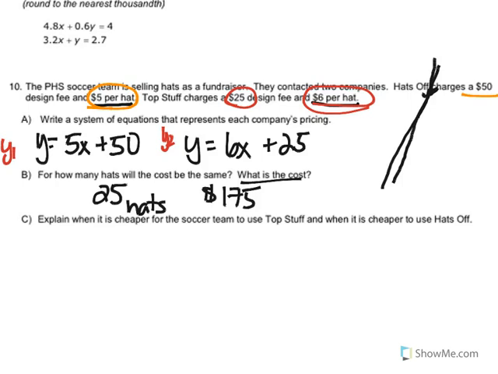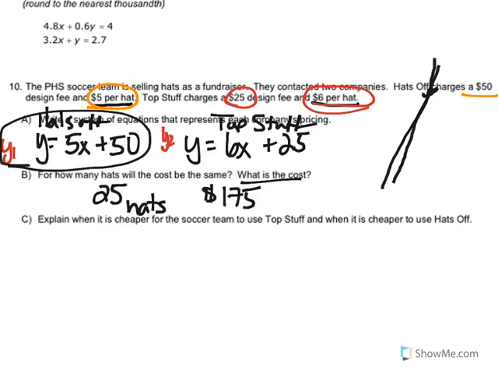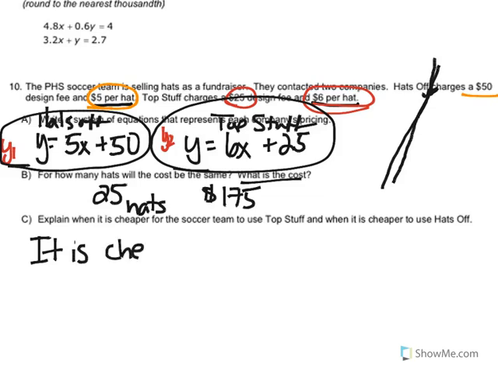Explain when it is cheaper for the soccer team to use Top Stuff, and when is it cheaper to use Hats Off. So this one was Hats Off right here. This one's Top Stuff. And I think what you'll find, you've got to look at your table, and you'll see that, especially if you put Hats Off in first, that's going to be in y1, and Top Stuff will be in y2. Top Stuff is cheaper to begin with.